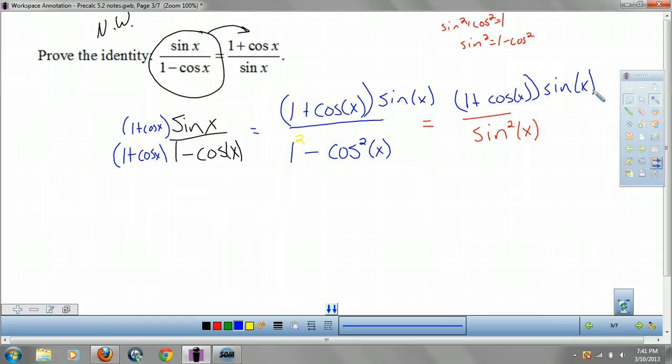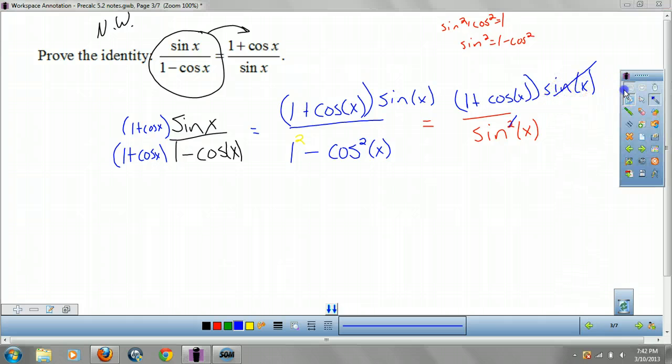Okay, we're almost there. I have the 1 plus cosine of x at the top. Now I have a sine squared at the bottom. The only thing I have that's extra is a squared in the sine. Can I cancel out a sine? Is this a sine times sine?